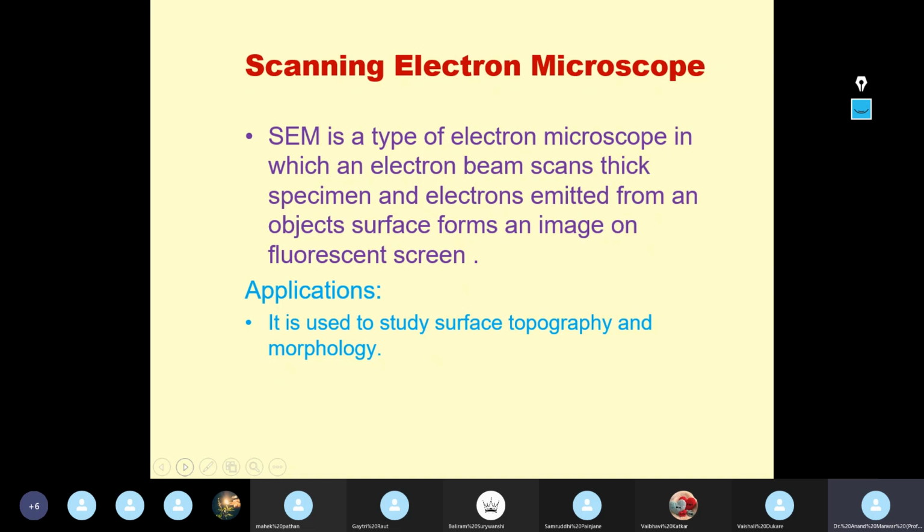Surface structure can very easily be studied. Topographical studies, you can know the structure of any chemical by scanning electron microscope. So surface topological studies are done very efficiently using the scanning electron microscope.